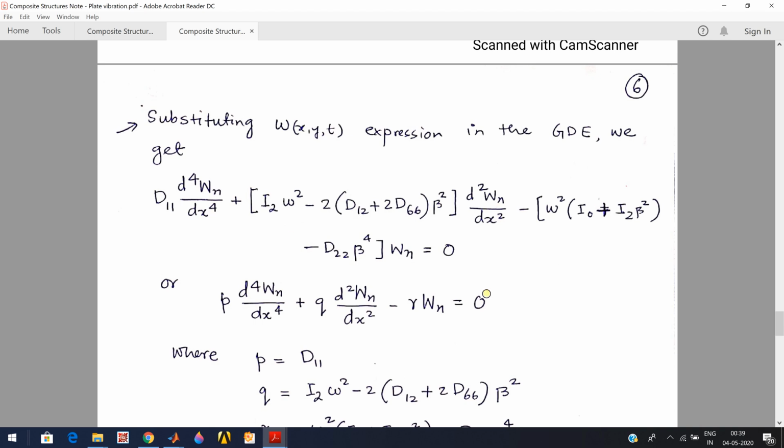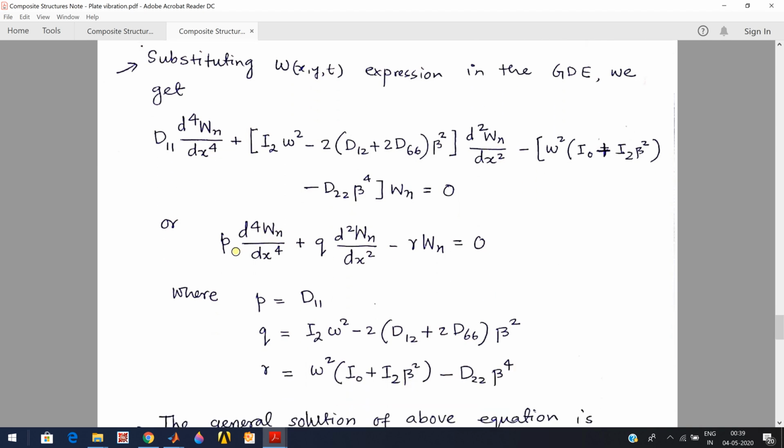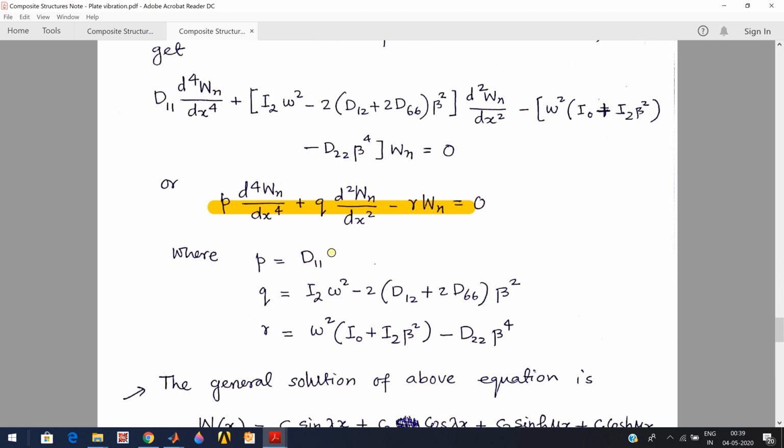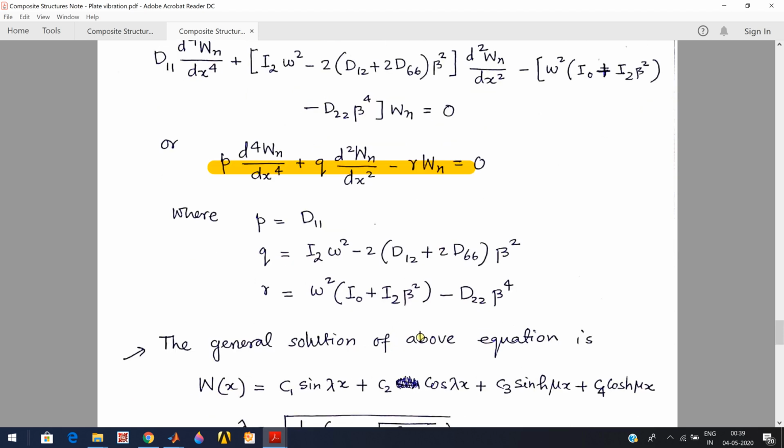We can rewrite it in a simplified form as this, where p is just D11 and q is written in this way, which is I2 dependent, and r is also written here, where I0 and I2 both will be there.